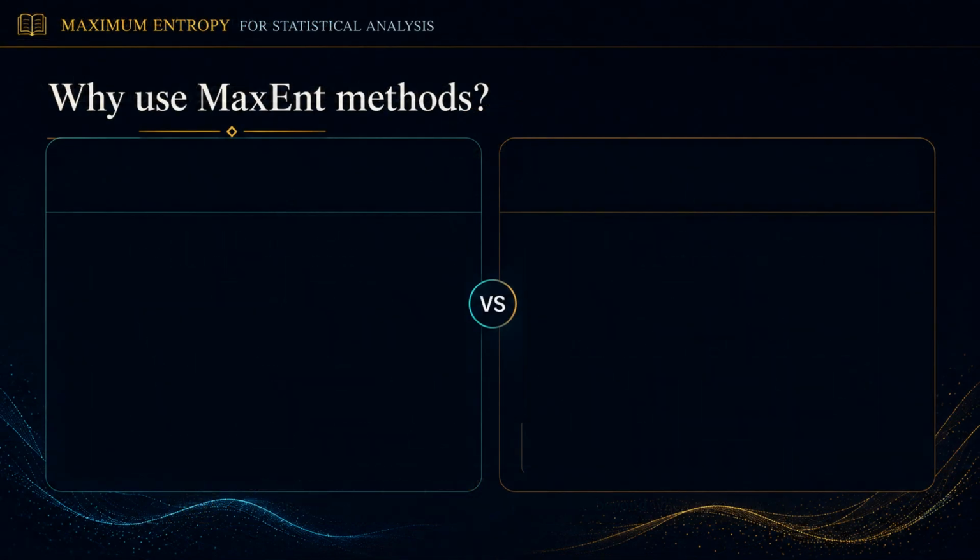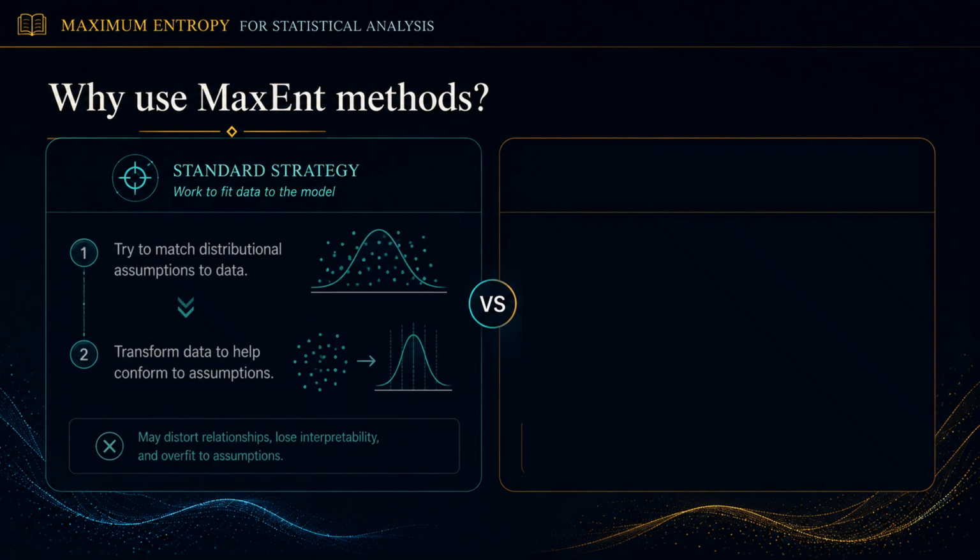So just to be a little bit more explicit here about the difference between the standard approaches versus the MaxEnt framework. With the standard strategy, it basically comes down to trying to match the distributional assumptions of data and a model, right?